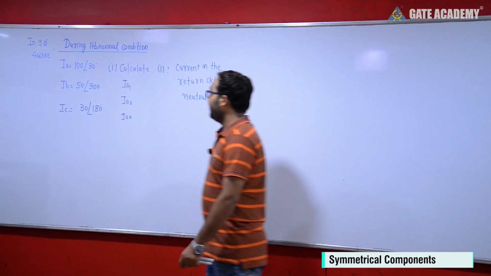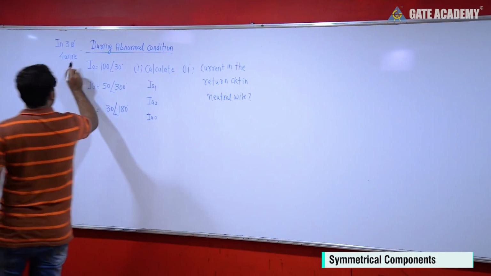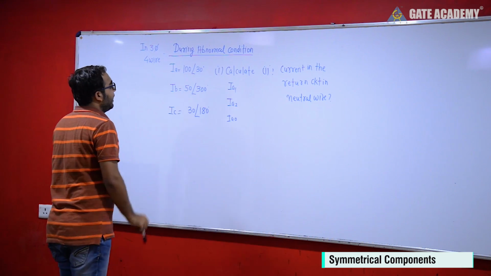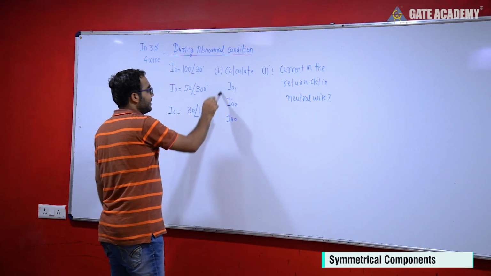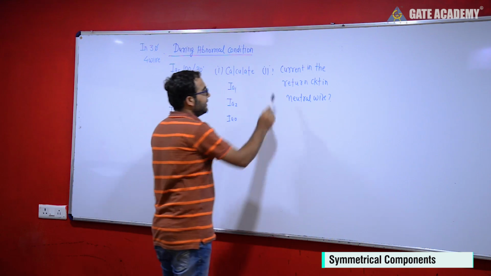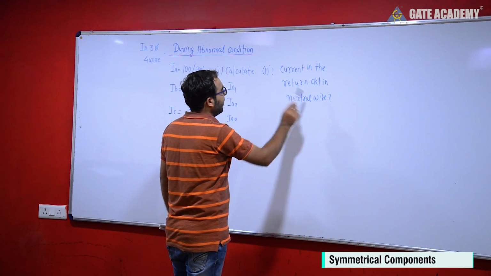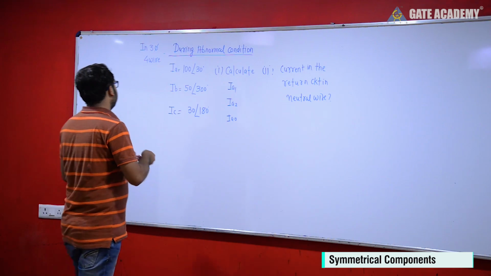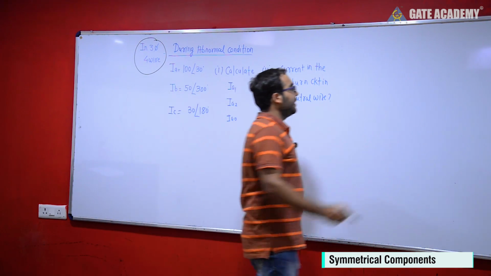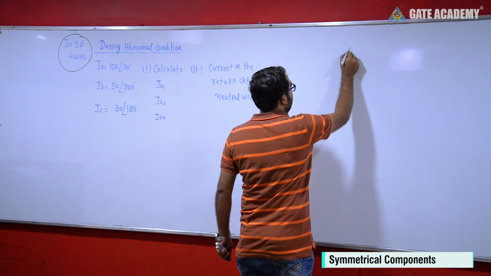And in the next question, it is given that in a 3-phase 4-wire system, during abnormal condition, the values of IA, IB and IC are given, and it is asked to find the positive sequence, negative sequence and zero sequence in line A, and the current in the neutral or return circuit. Now it is mentioned that this is 3-phase 4-wire, so we can understand the question is about the star configuration. So what will happen in star configuration?